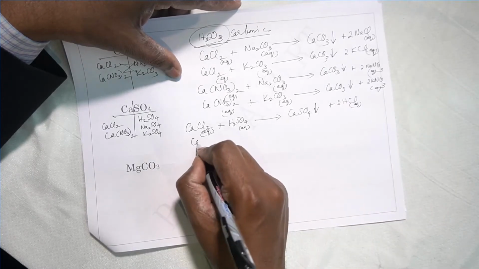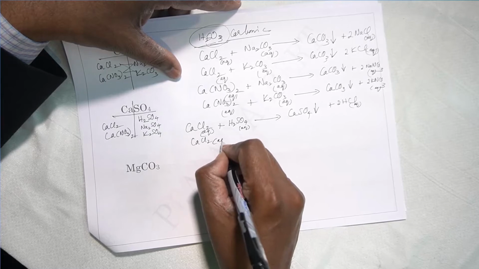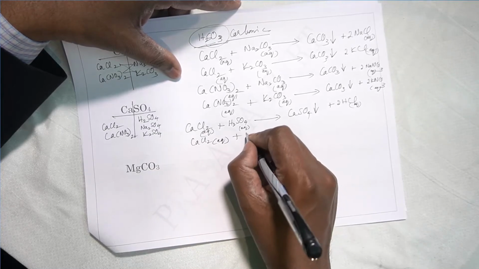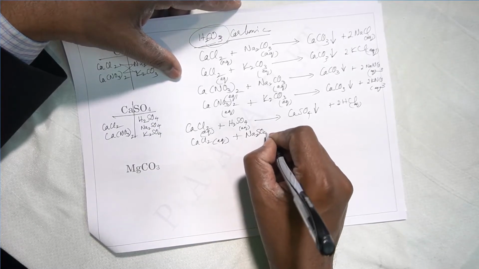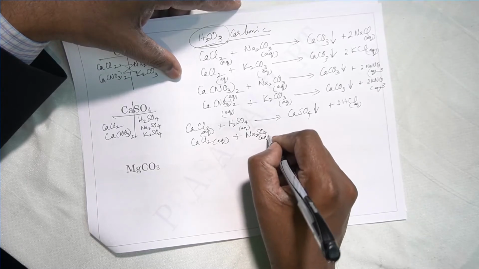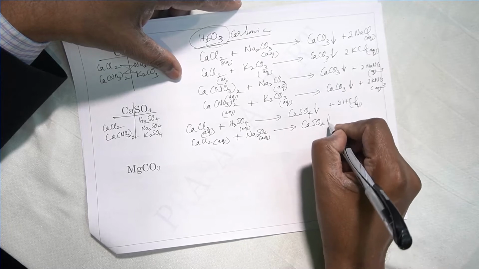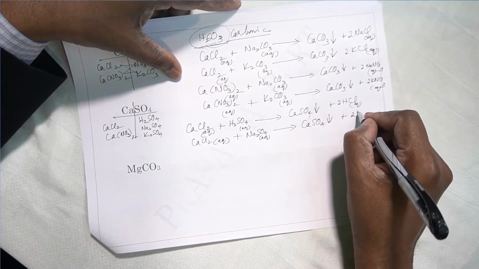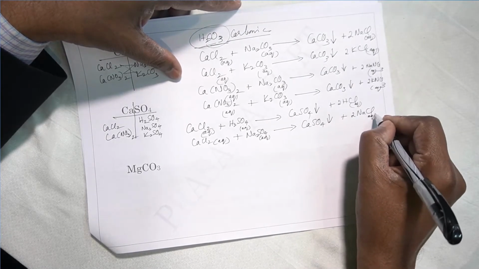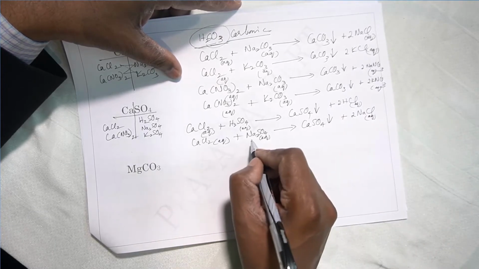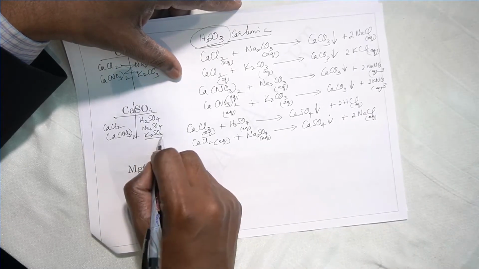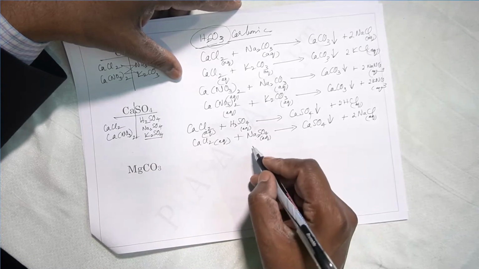Then CaCl2 aqueous plus Na2SO4, also aqueous. So you get CaSO4 precipitate plus 2NaCl, which is in aqueous form. Similarly, you can write K2SO4 also, as I said, twin brothers, you can easily write that.